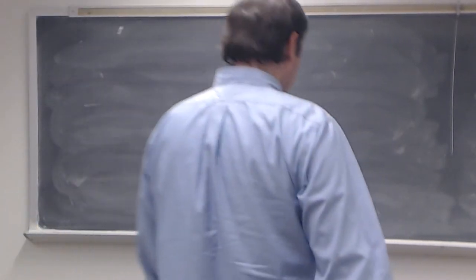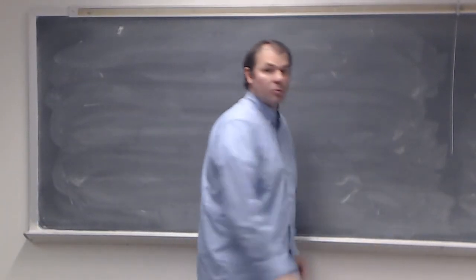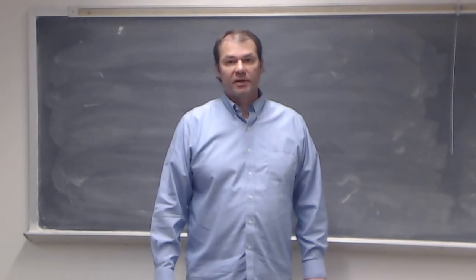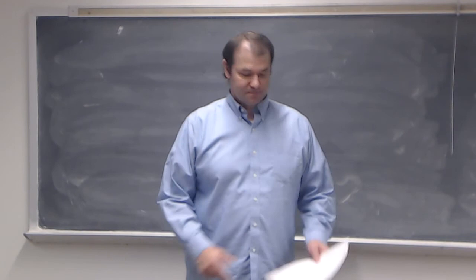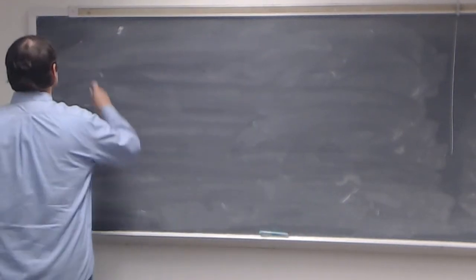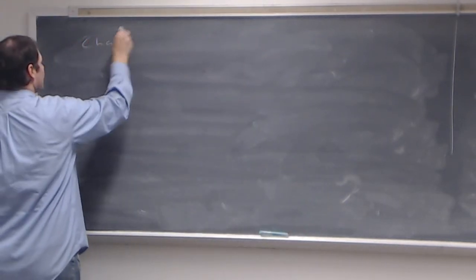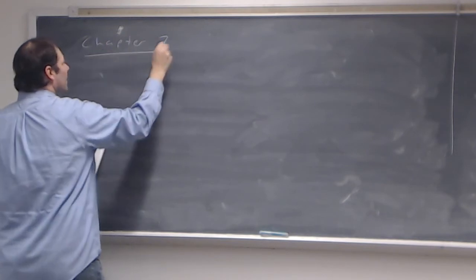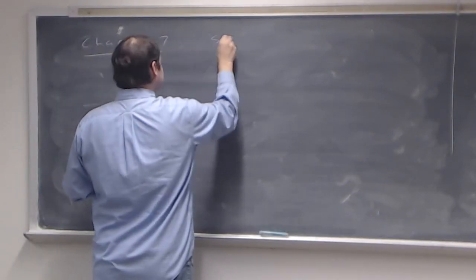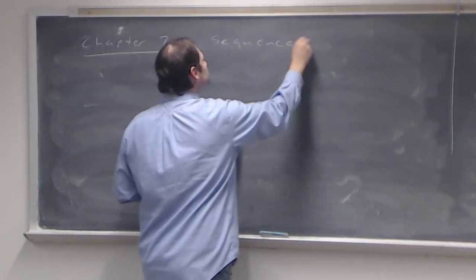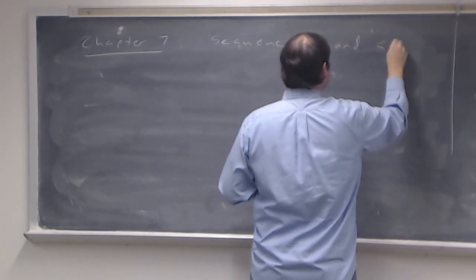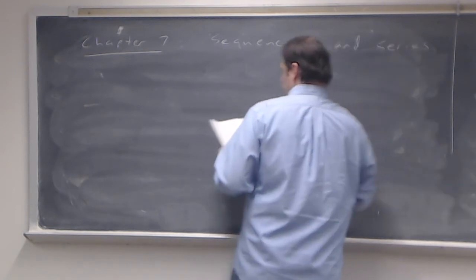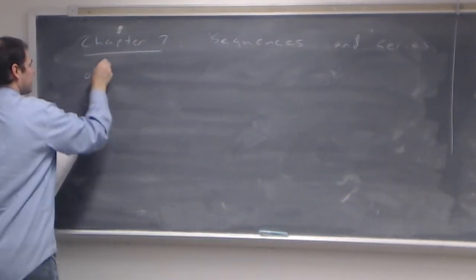That also concludes what we were doing out of chapter 3 at this point. So now we're going to turn to chapter 7. And it has to do with sequences and series of functions.